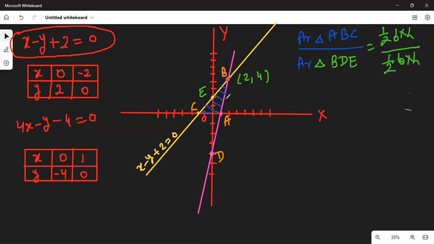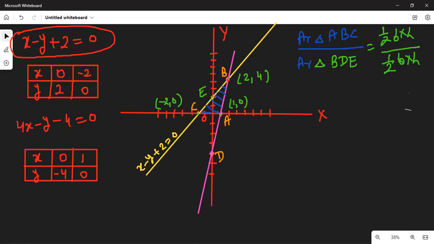Now how much is that? Base here, you can see base. The coordinate of that point C is minus 2, 0. Coordinate A is 1, 0. This point is 1, 0.